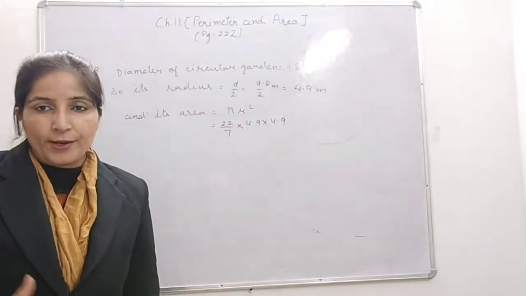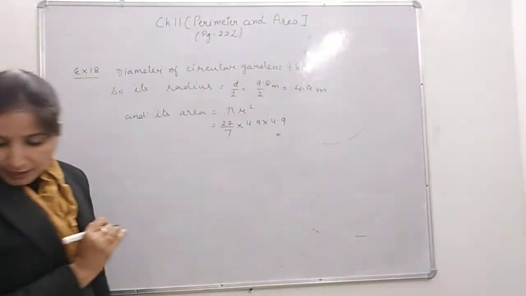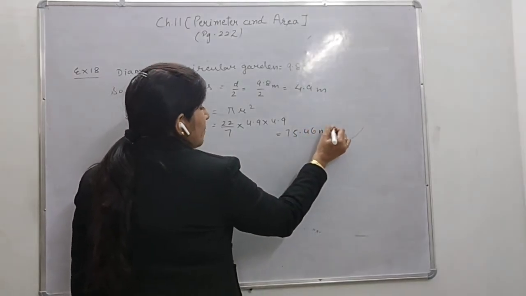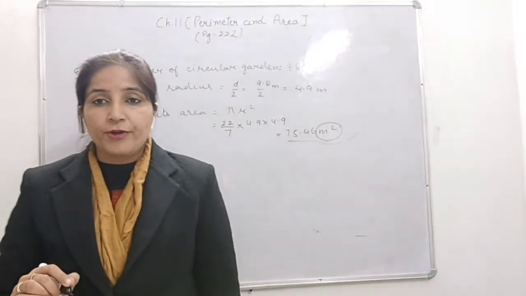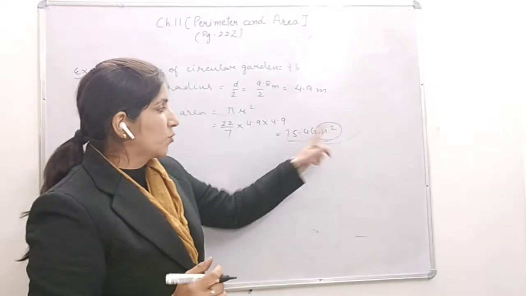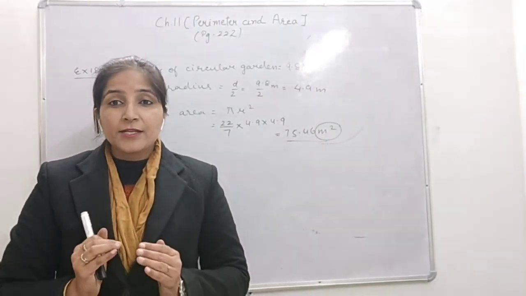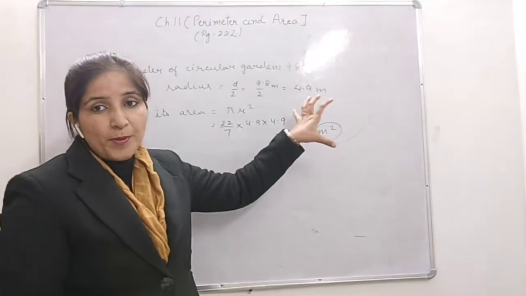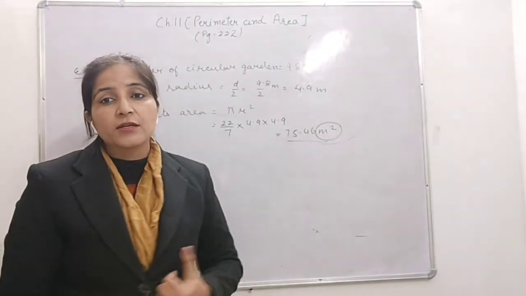After solving, we will get the answer as 75.46 meter square. Remember, meter square. Whenever you are solving a question of area, the unit is always square. Don't write just meter, or your marks will be deducted. And it is not for the marks only: you should know area means the space occupied by a 2D shape, so that is meter square.